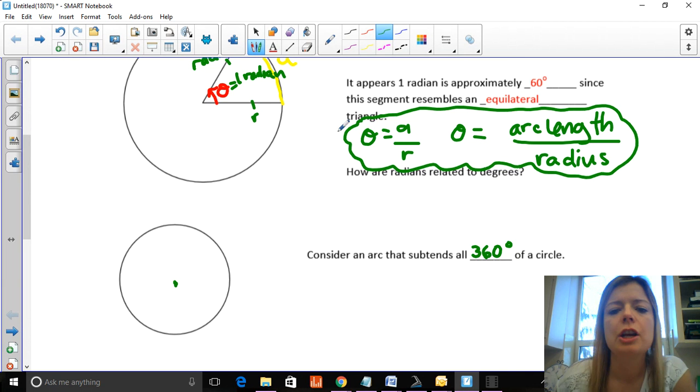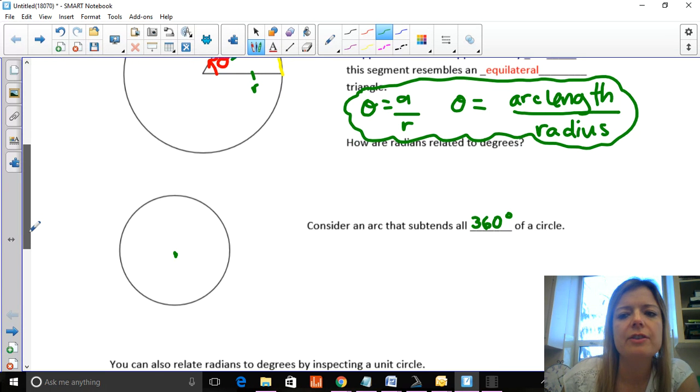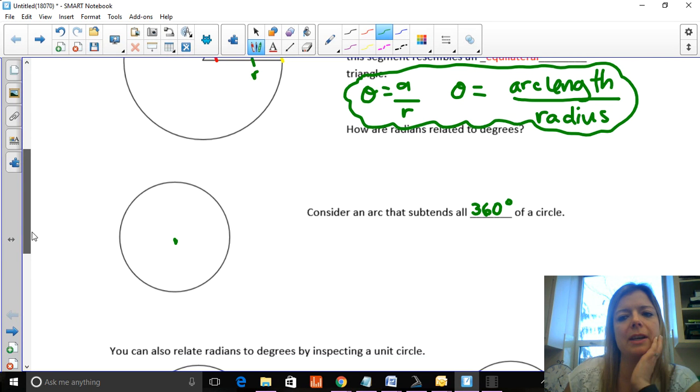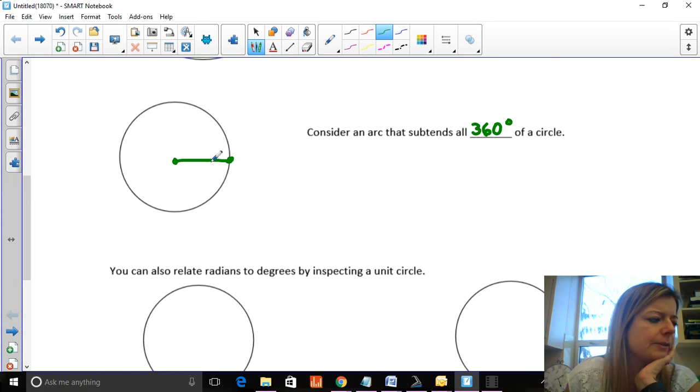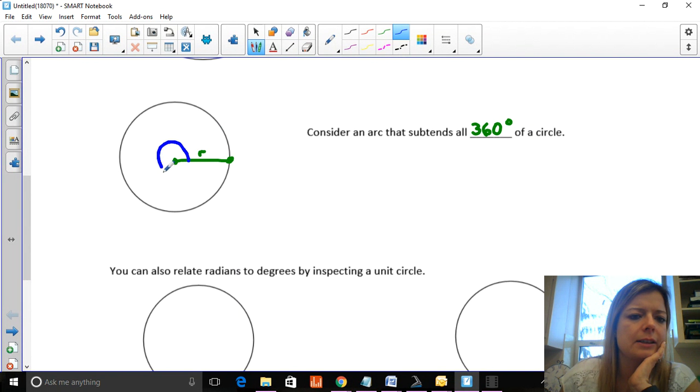So that's important. So if we're looking at all 360 degrees of a circle, we have to think about what would the arc length be and what would the radius be. Well, the radius is the distance from the center of the circle to any one point. So that's r. Okay, and then if we're going all the way around the circle, all 360 degrees, so theta equals 360 degrees, but we're trying to figure out what that is in radians.